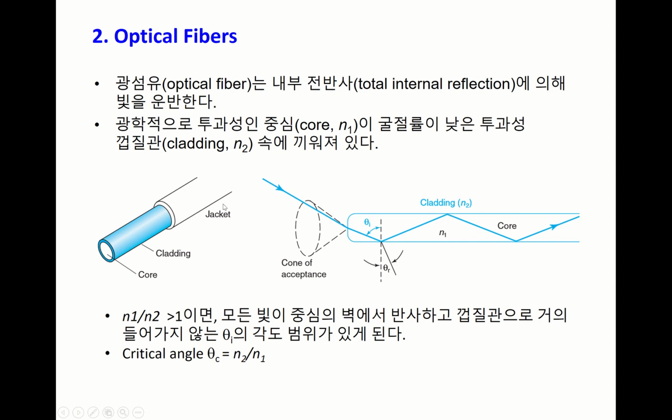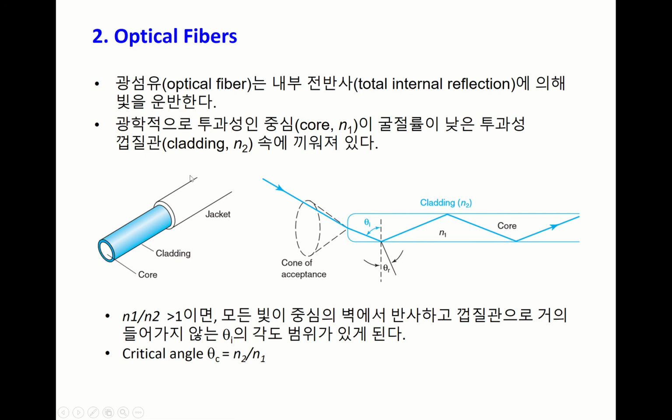So if you have this optical fiber, as long as you send your light at greater than the critical angle, all of your light is internally reflected, and you can send it from this side to the other side.